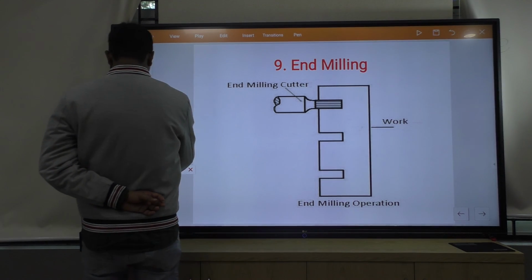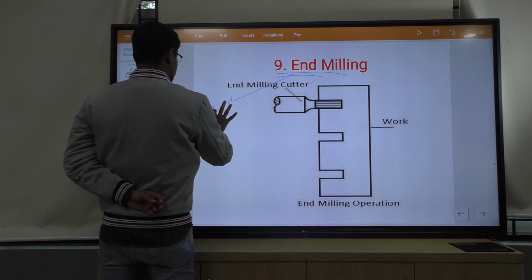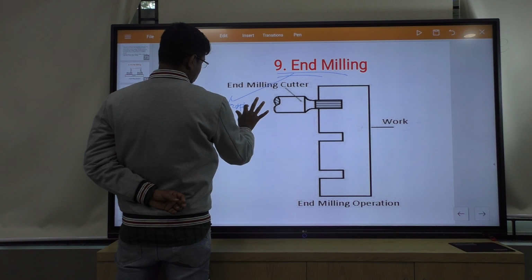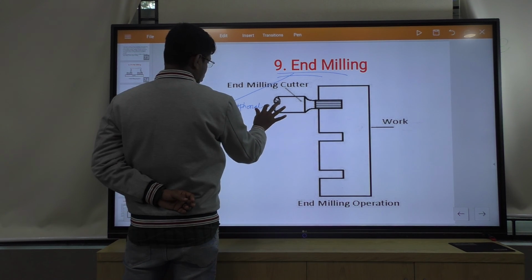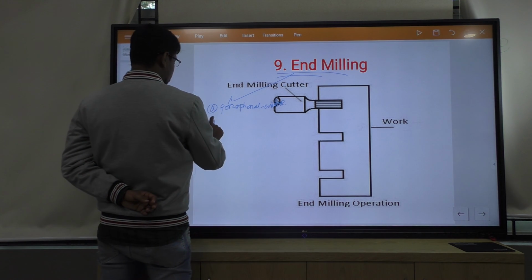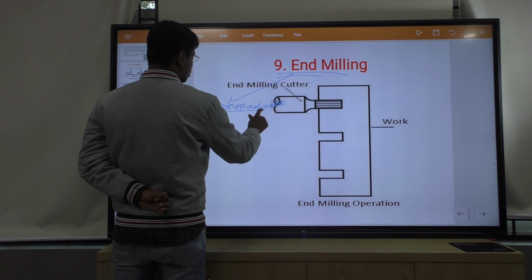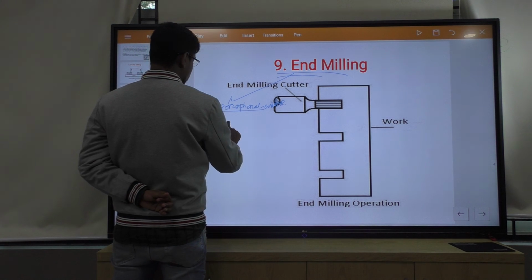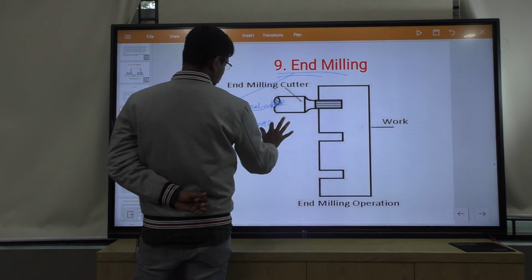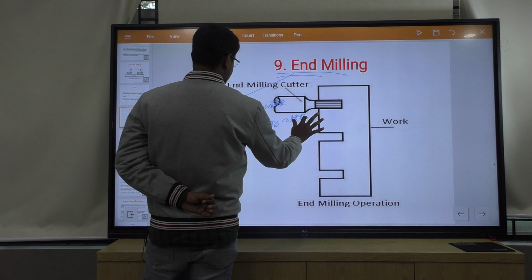End milling combines both: the first is the peripheral cutter, and the second is the face milling cutter.